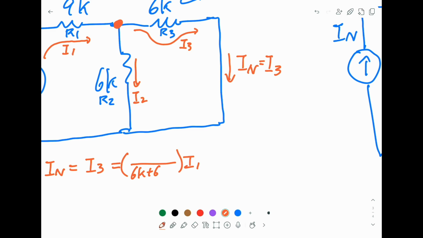Now this is easier because they are the same. But remember, if they are not the same, if they are not equal to 6K, we must use the value of this one, which is the one controlling the current. So this is 6K in this case.